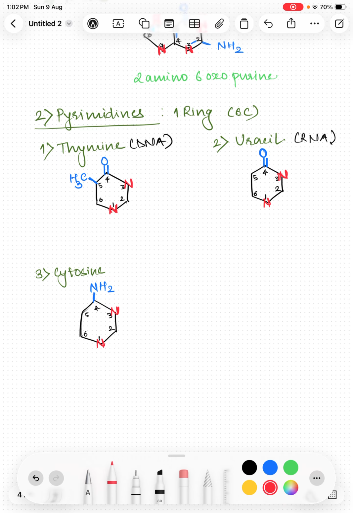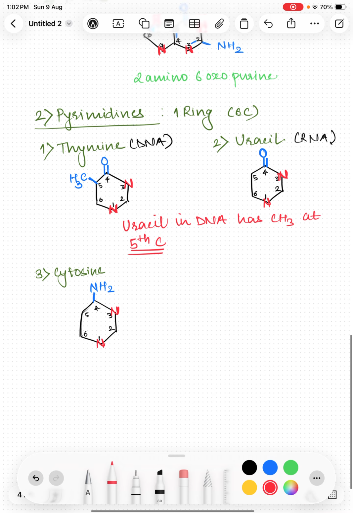So it is said that uracil in DNA has CH3 at the fifth carbon, which is named as thymine.